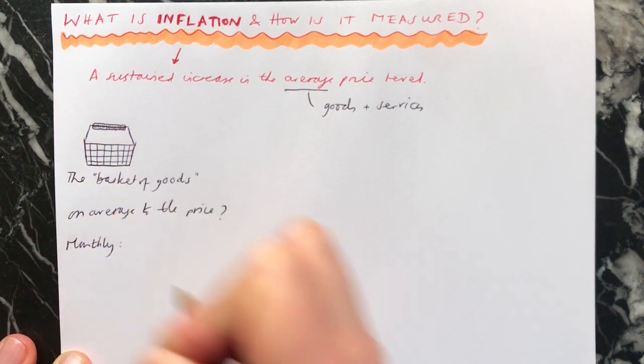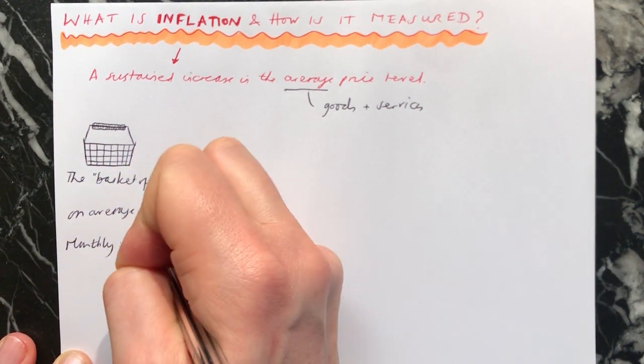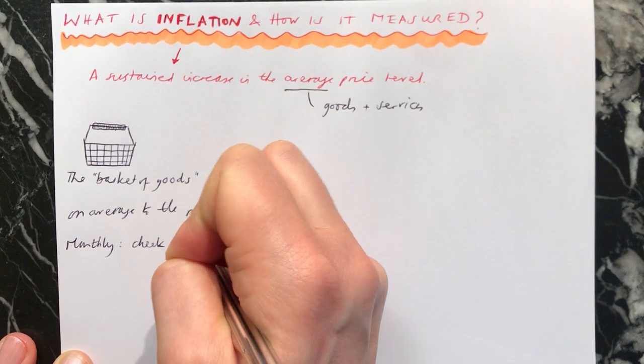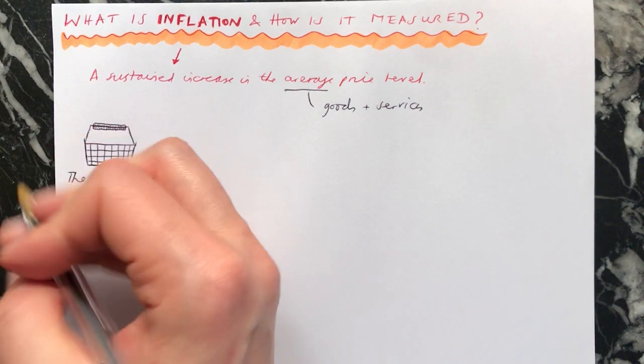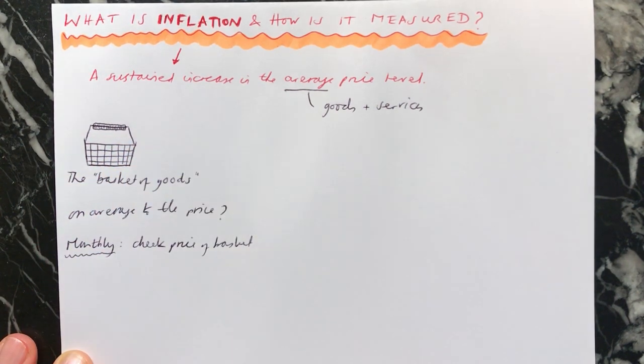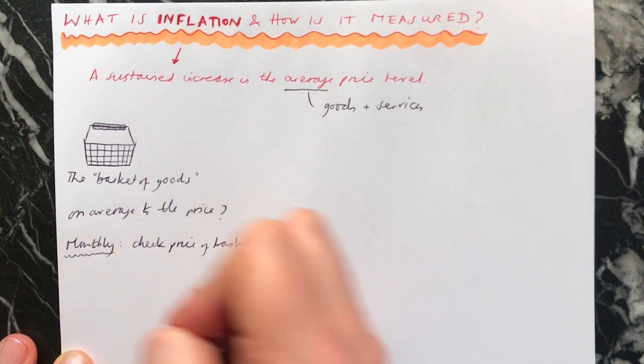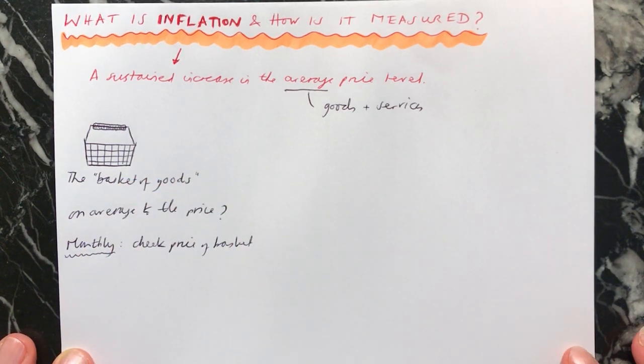So, monthly, they check the price of the basket of goods and services. They see how much everything in this basket costs. And then they go back the next month and find out the same again and the same again. And they're looking to see whether the price of the things in the basket has gone up or down. And they visit lots of different types of shops and in lots of different areas of the country. So on average, they can have an idea of whether the prices are going up or down.